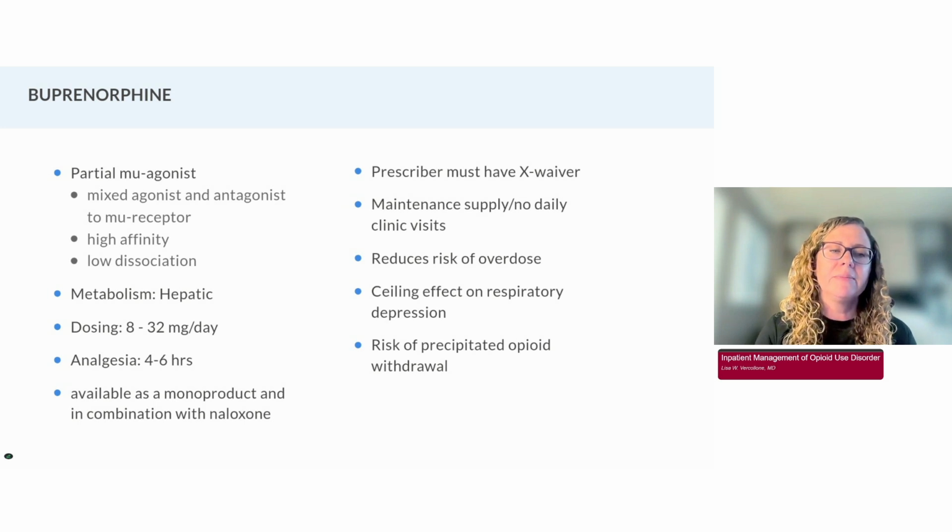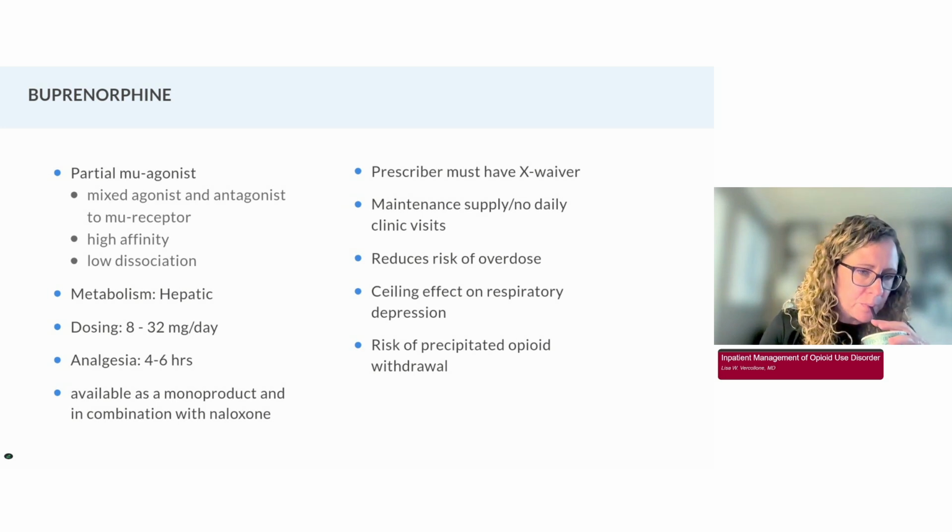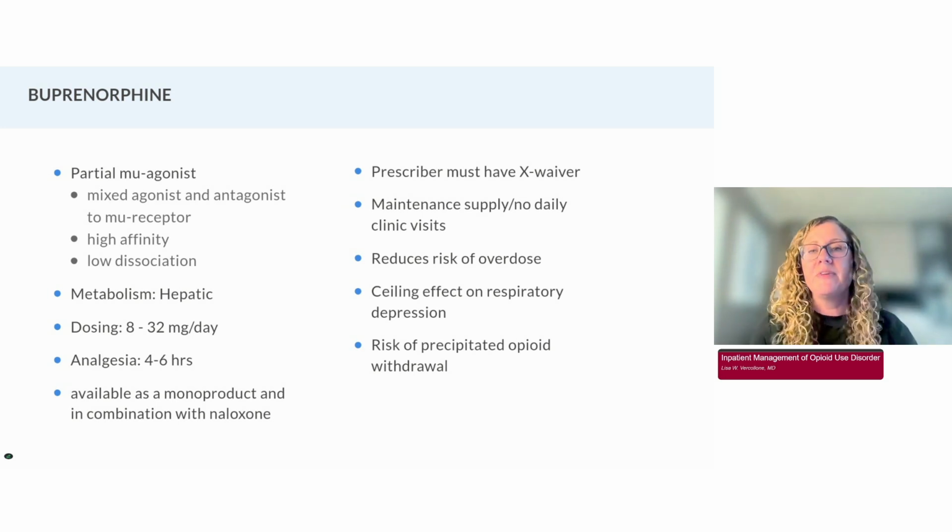It is hepatically eliminated, and the dosing is anywhere between 8 to 32 milligrams a day. It too has a short analgesic period of 4 to 6 hours. It's available in both a monoproduct and in combination with naltrexone. The good thing about buprenorphine is that it does reduce the risk of overdose. Patients on buprenorphine who relapse to fentanyl or any other full mu agonist are less likely to overdose.